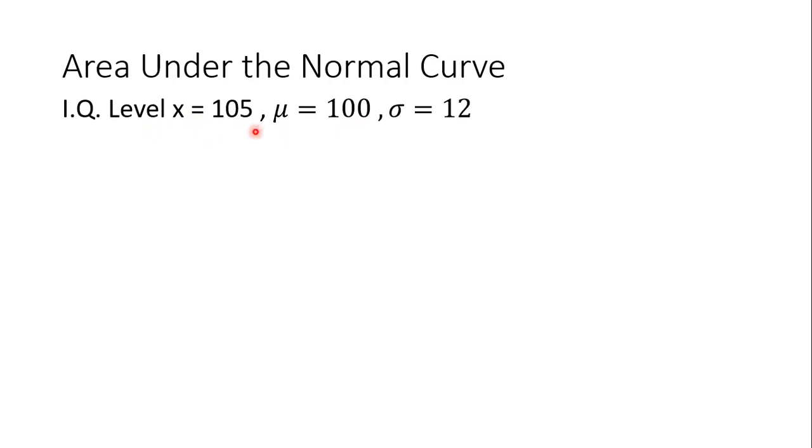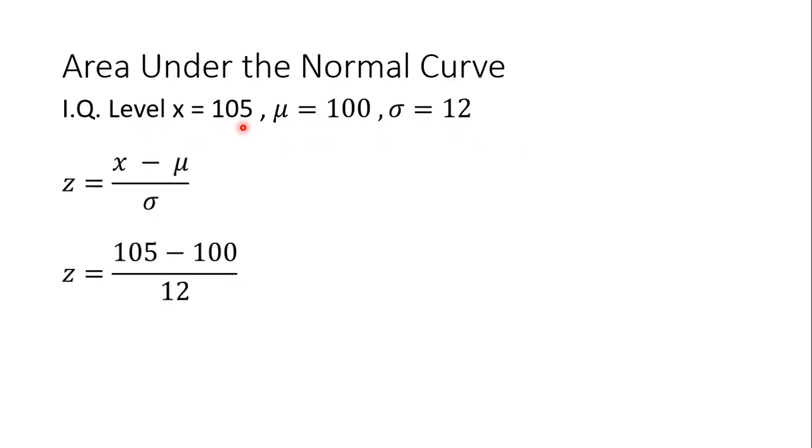So based on our given, the mean is 100 and the standard deviation is 12. Since we're looking for the probability of the population that has the IQ level 100 to 105, that means our X is 105. So first, let us first get the Z-score. By substituting the values, we will arrive at the value 0.42.